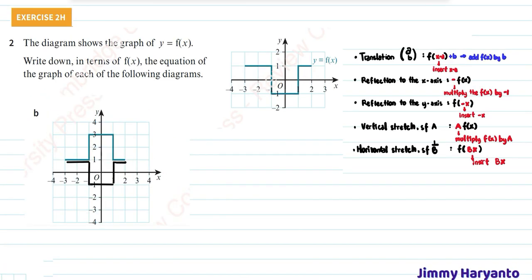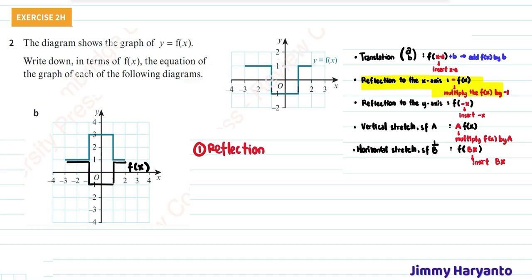Okay, next is 2b. For question 2b, the original is the black one, fx, and the final result will be the blue one. Okay, so as you can see, the blue and the black, the shape is a little bit different. So I think it's flipped upside down. Yeah, that means you have to use reflection to not the y but the x-axis. Okay, you have to reflect it first to the x-axis.